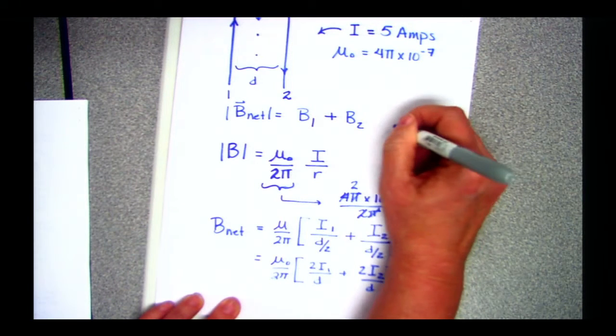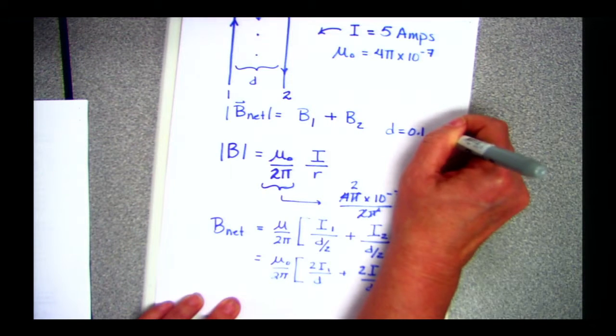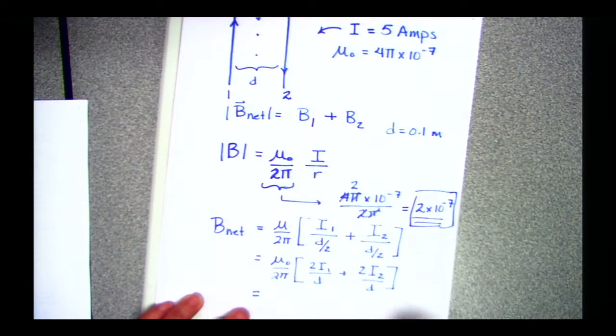And if my distance d happens to be 0.1 meter, I can just plug in my numbers, and I'm going to get 2 times 10 to the minus 7. And this becomes 4 times my current, which was 5 amps, divided by my distance, which was 0.10 meters.